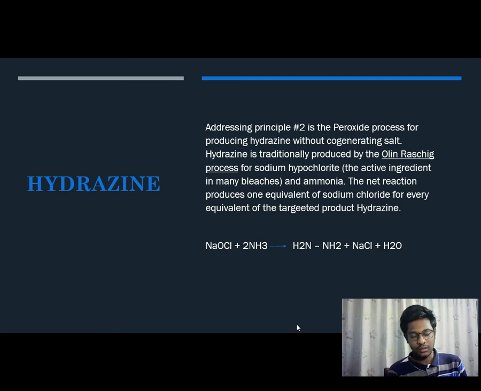The net reaction produces one equivalent of sodium chloride for every equivalent of the targeted product hydrazine. This is the reaction which takes place, and the formation of hydrazine occurs.